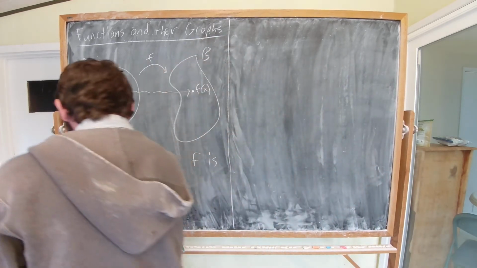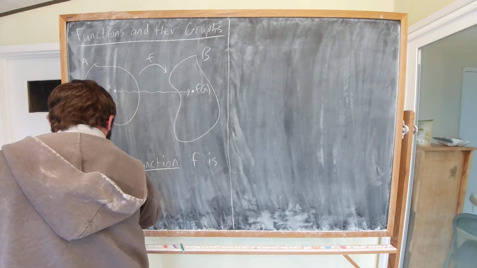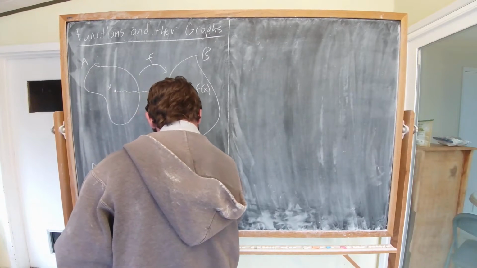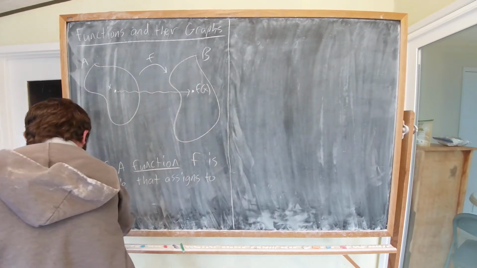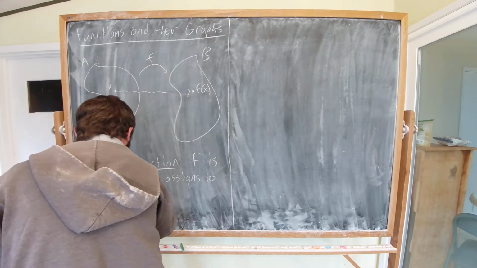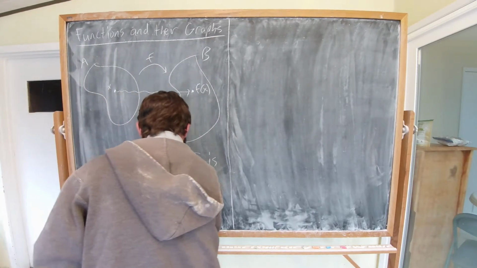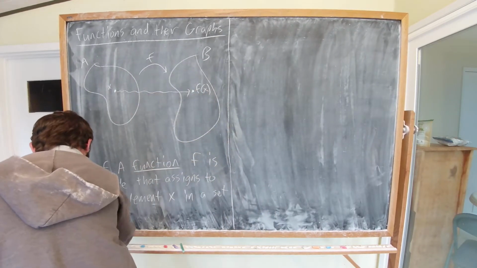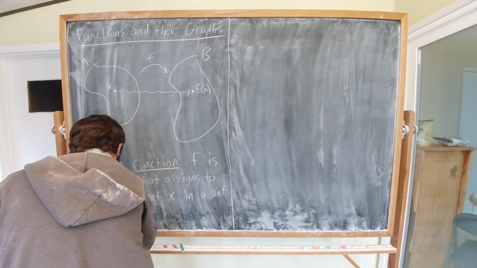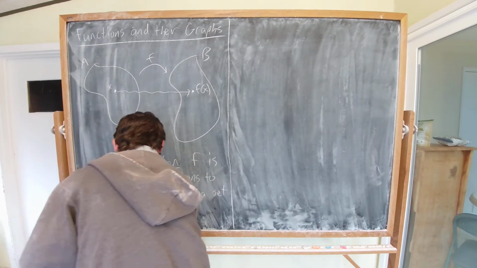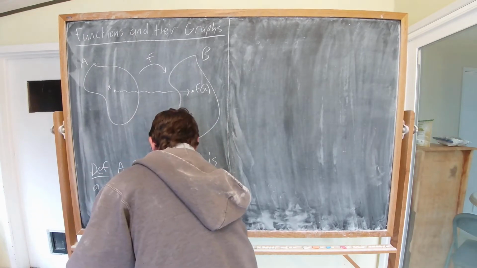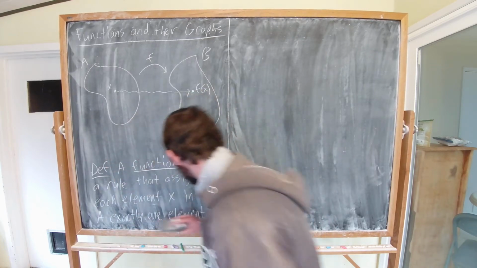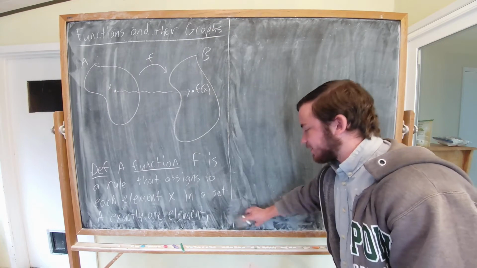A function f is a rule that assigns to each element x in a set capital A exactly one element. And we'll just erase this little part right down here to continue the definition.